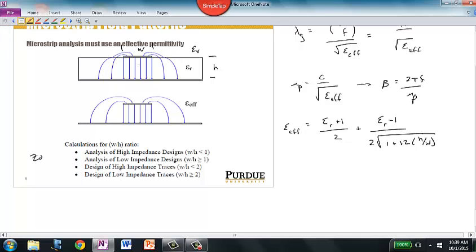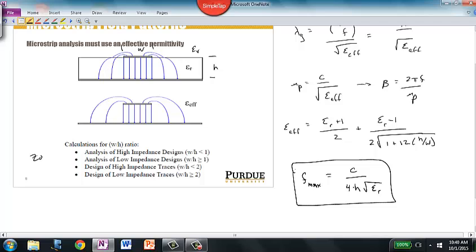The calculation that we'll perform to determine the maximum signal frequency that a T-line strip can use is the speed of light divided by 4 times h times the square root of the relative permittivity of the dielectric material. So this here is the maximum signal frequency that a T-line can possibly support. And we see that that really is a function of the substrate material right there.